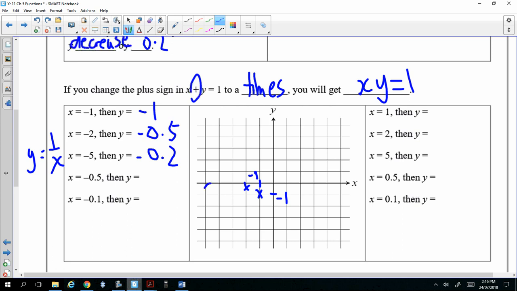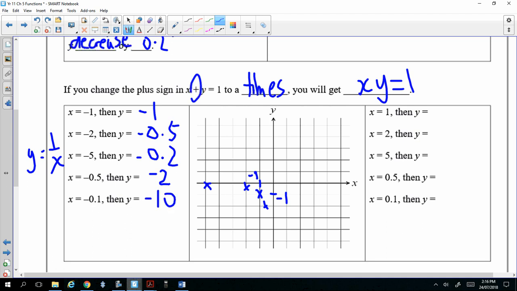Okay, let's do more. What if x is -0.5? What would you get? You get -2, over here. And the next one: when x is -0.1, you get -10.